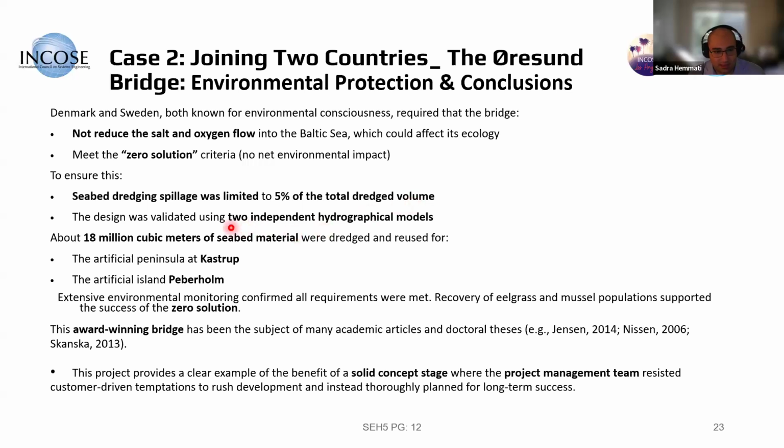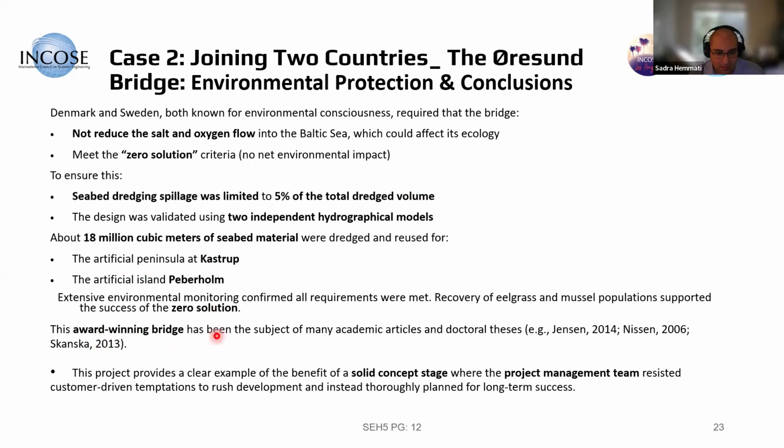And they used modeling. The design was validated using two independent hydrographical models. So they used lots of modeling, including this. They created two islands and one peninsula.